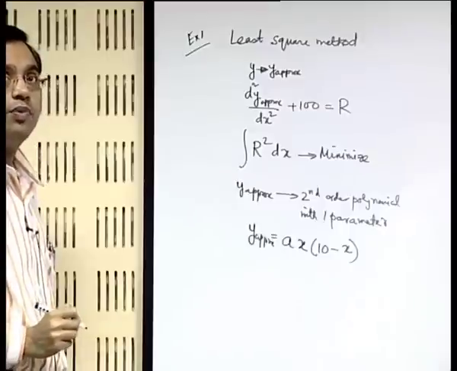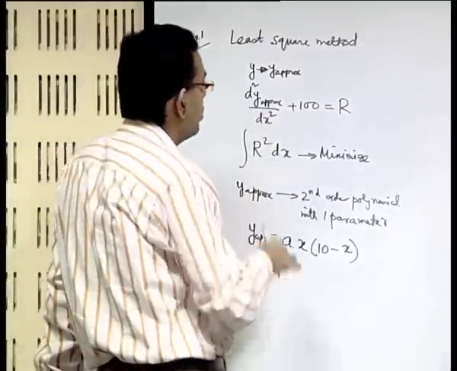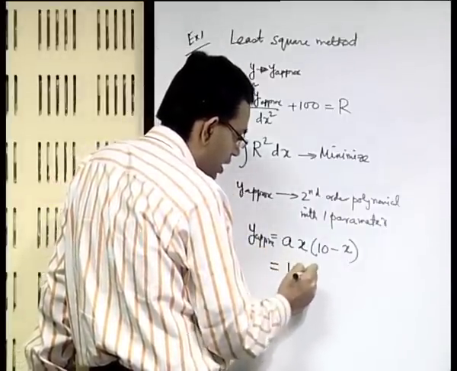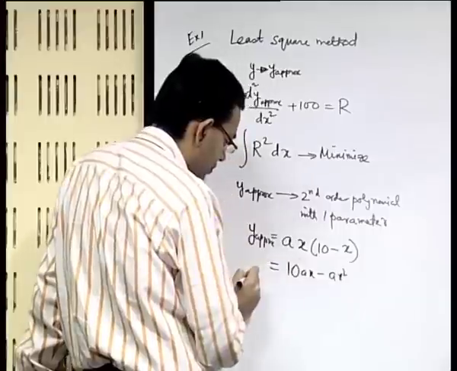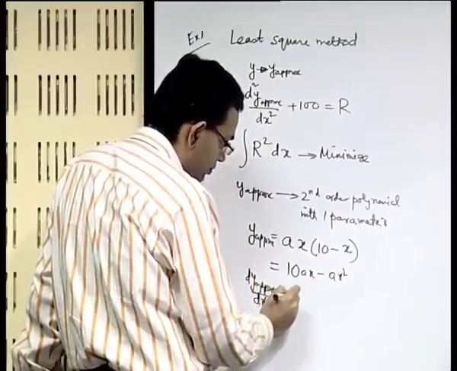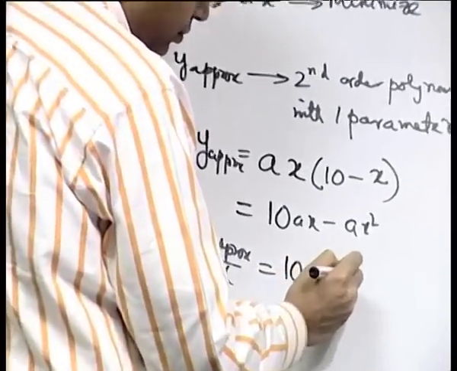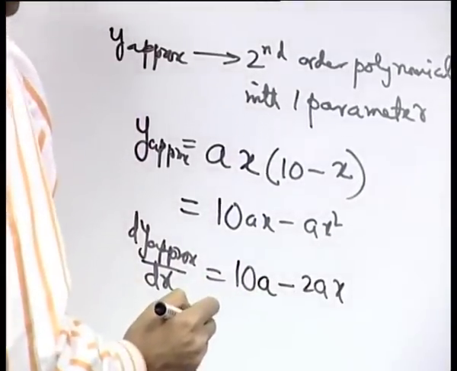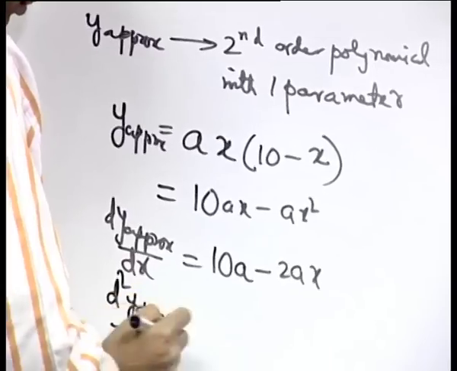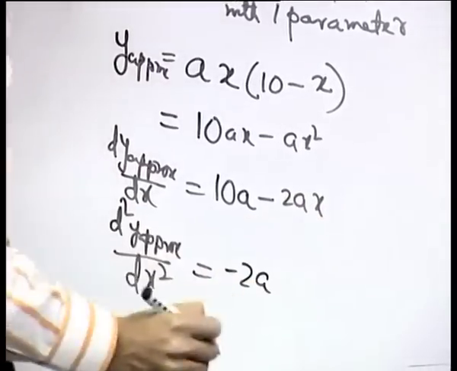So, once you have this y approximate, next is what is your r then. So, let us just open it up. So, 10ax minus ax square, dy approximate dx, the second order derivative minus 2a.